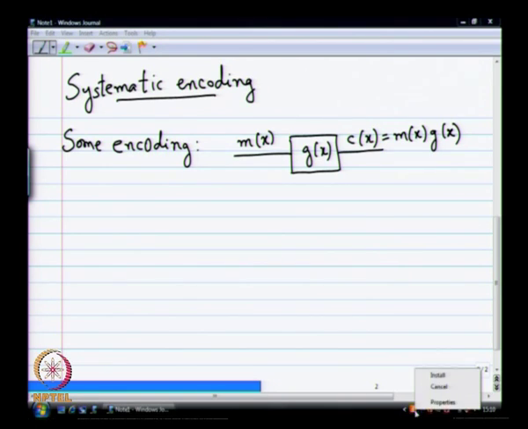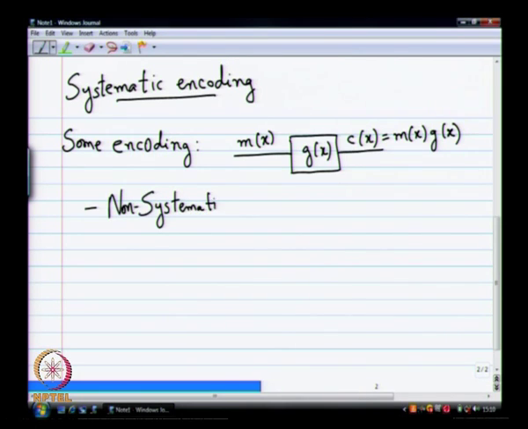Okay, but one problem with this encoding is it is not systematic. What do I mean by systematic encoding? If it is systematic, okay, so this is in general non-systematic, as in the message does not appear as part of the code word.